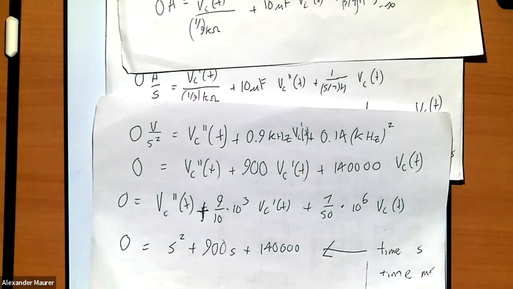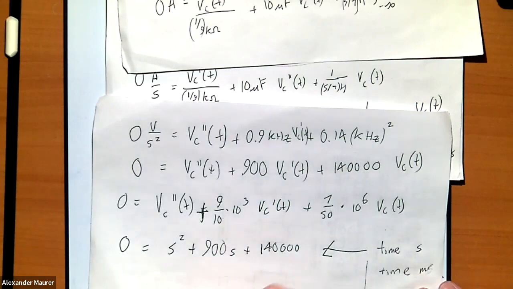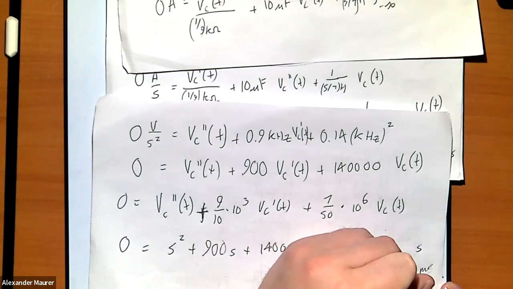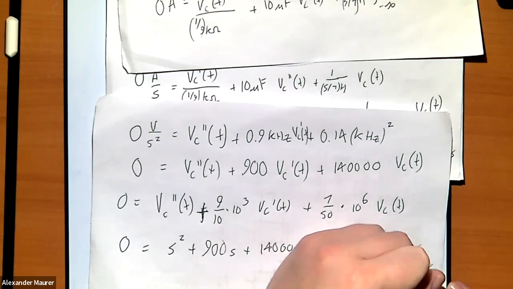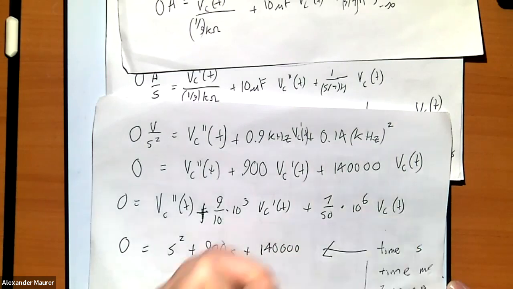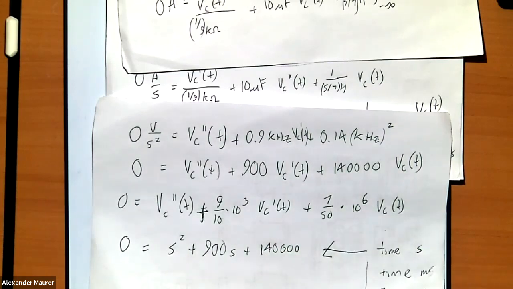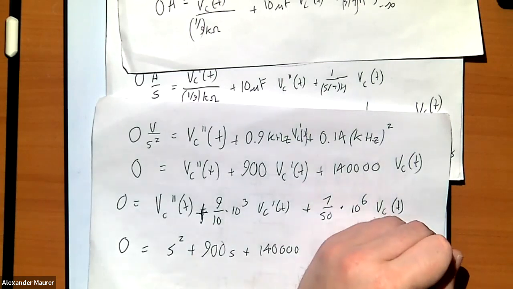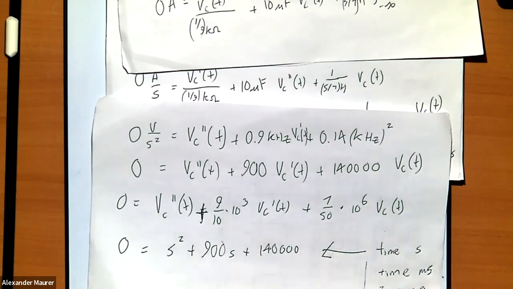Let's try this one. If you measure time in milliseconds, then you'll just get s squared plus 0.9 s plus 0.14. Everything else about the calculation will be the same. So if your time is in milliseconds, you get this equation, and then a bunch of other stuff happens.